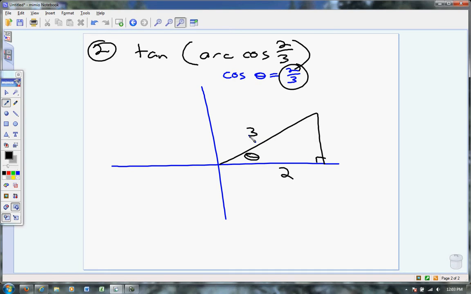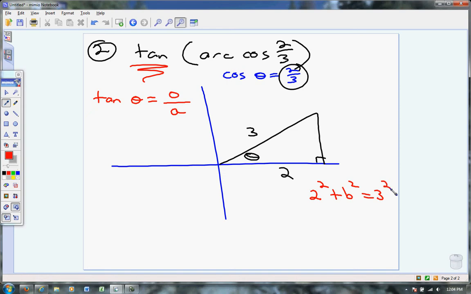Now, we're ready to start moving towards the end of the problem. I'm supposed to find the tangent of that angle. So tangent of theta is opposite over adjacent. I don't have the opposite side, so don't I need to do the Pythagorean theorem? Because this is not a 3, 4, 5. So Pythagorean theorem, I would have 2 squared plus b squared equals 3 squared.